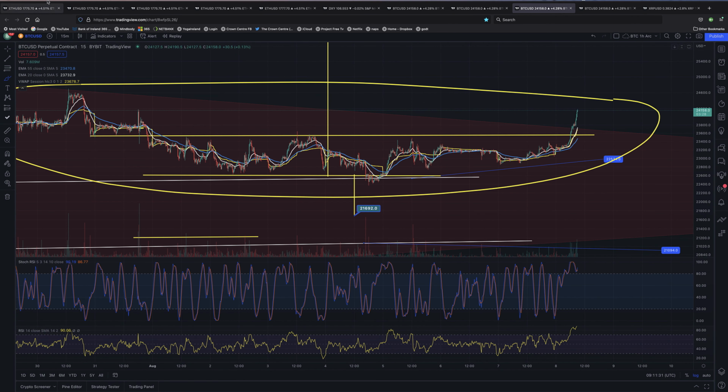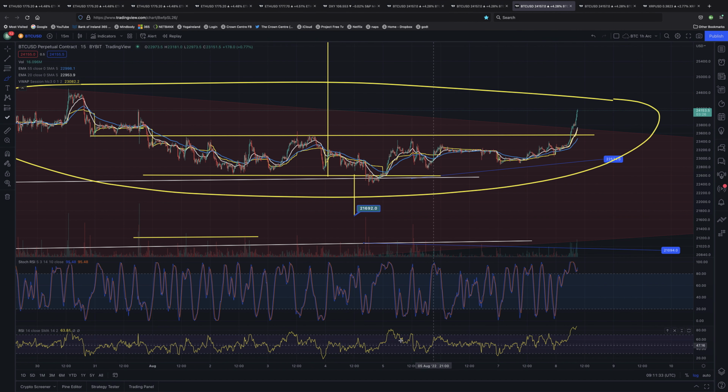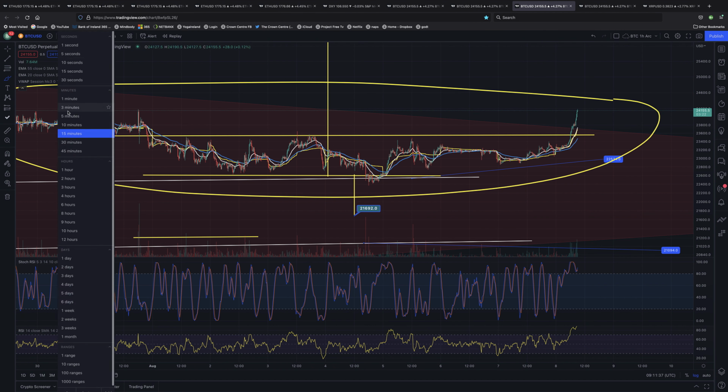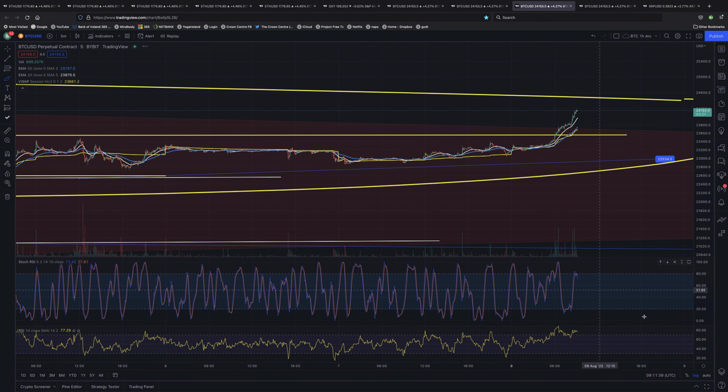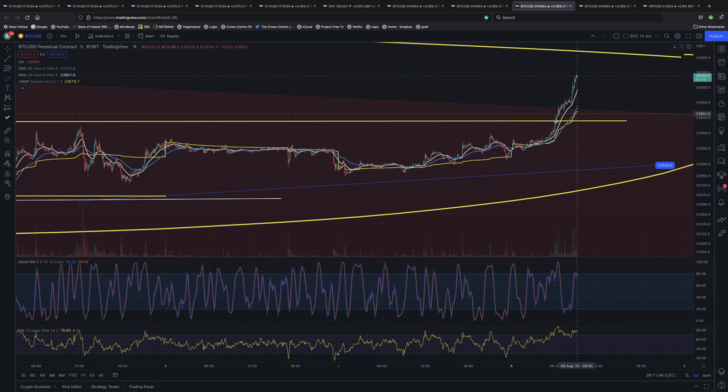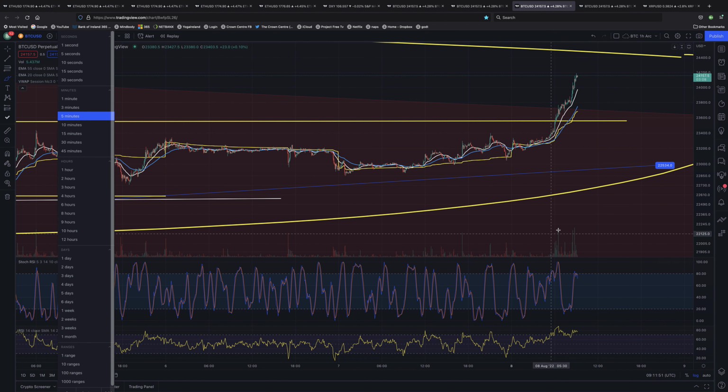And I believe on the 5-minute we have a small divergence, but again, it's just for the shorter time frame, both in the stochastic and the regular RSI. So they are calling, plus the VWAP is going slightly sideways, so the volume is leveling out.